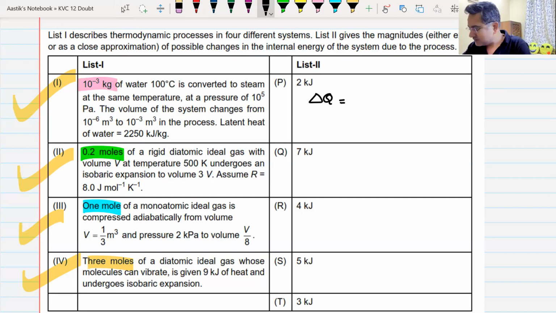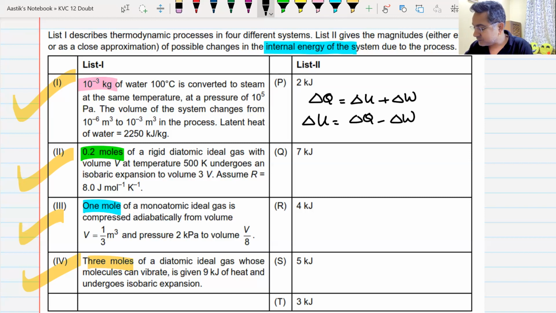If you just apply your common sense, delta Q is delta U plus delta W. What you need to find out is the change in internal energy. Do you understand why I'm paying so much attention on this question? Because I know that they are going to come. So basically you have to find out delta U. Delta U will be delta Q minus delta W.